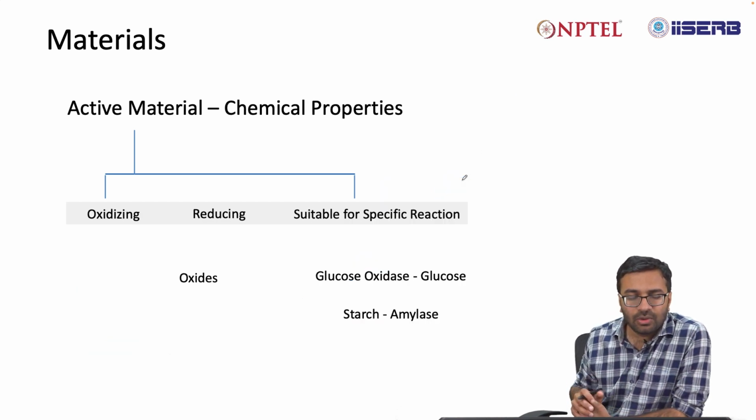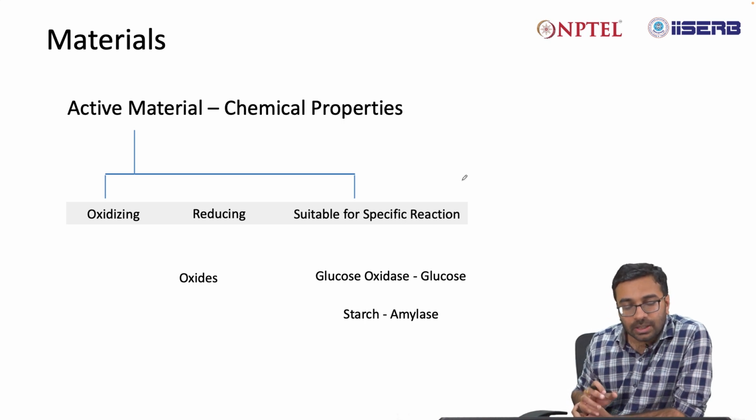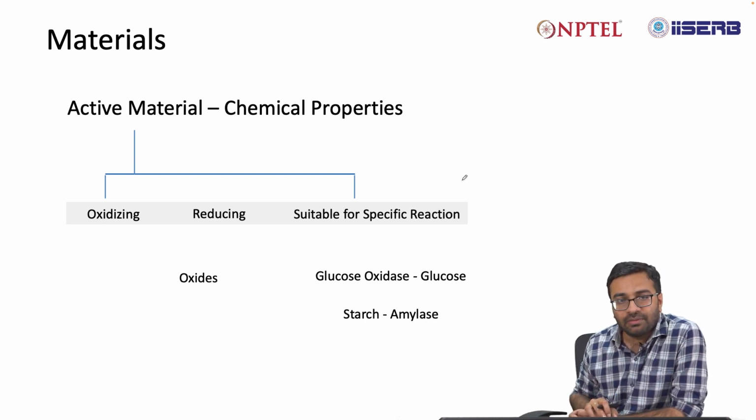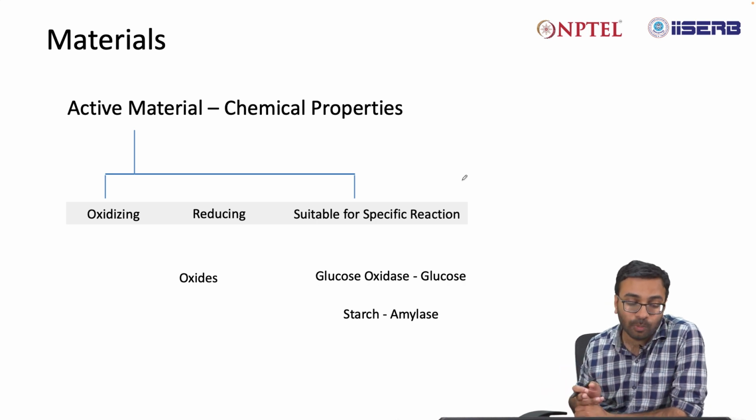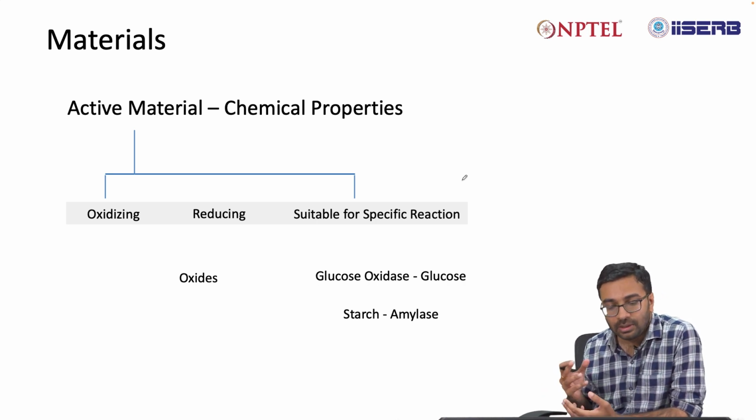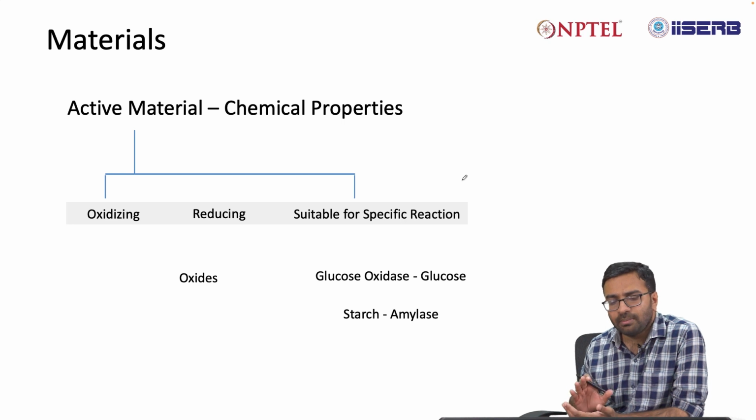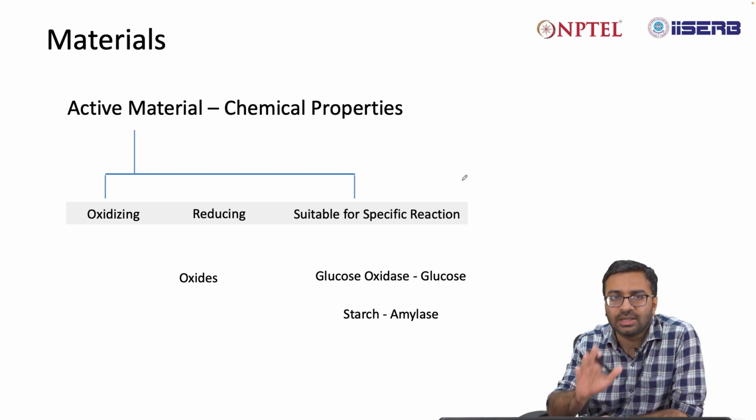Then again, you can choose active material based on chemical properties. For example, if the sensor is for a chemical sensing or gas sensing application, then you may need an oxidizing material, a reducing material, or some material which is specific to a certain reaction.